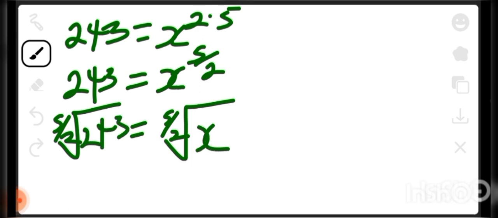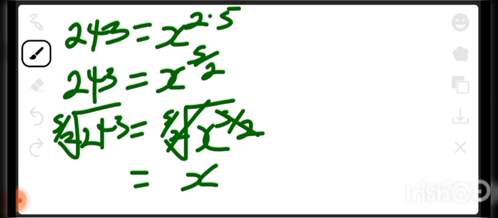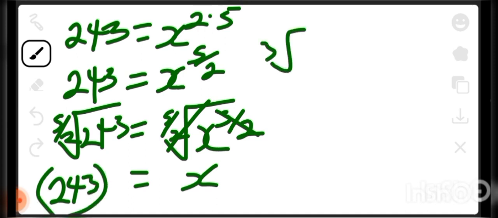x is to the power 5 over 2, so this one will cancel this. What will be left here will be x. Then what about this other side? We have 243 raised to power. Remember, if it is something like the cube root of x, it will be x raised to power 1 over 3.